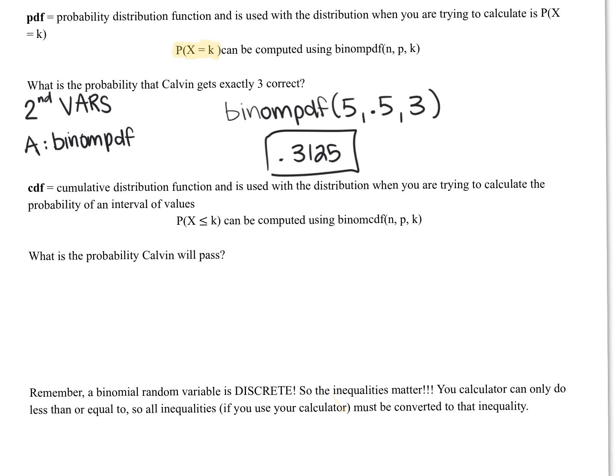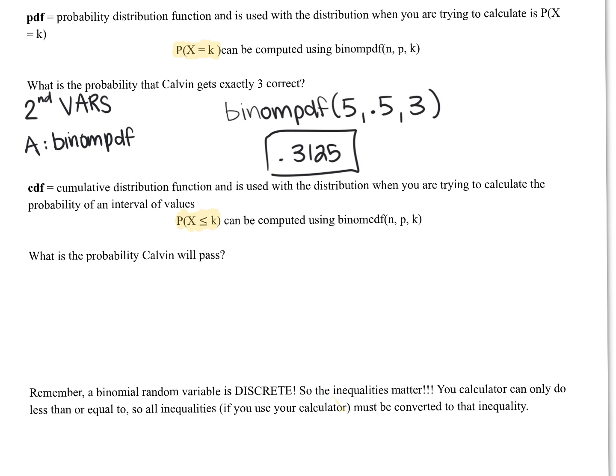The next calculator feature is CDF, and it stands for cumulative distribution function, and it's used when you're trying to calculate with an inequality. Unlike what we did on our previous example when we were doing greater than or equal to, in the calculator, CDF for the binomial distribution can only calculate the probability of x being less than or equal to some value k.